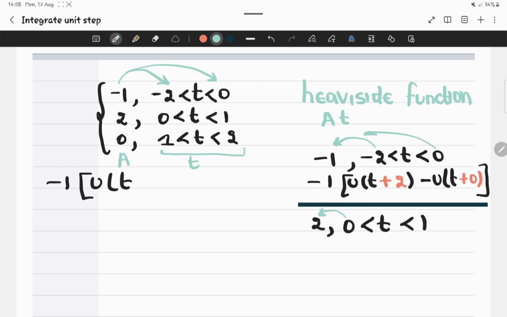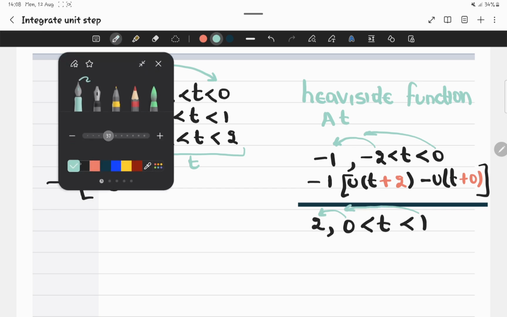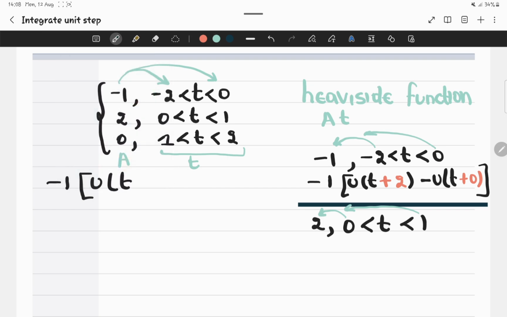If I have to move 0 to the other side and 1 to the other side, it's going to be 2, the amplitude, kept out front, so you have u(t).